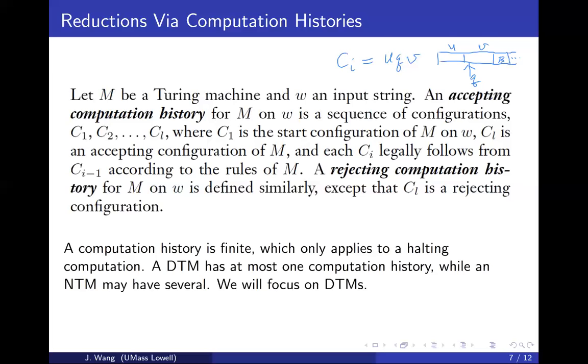Initially, C1 is the initial state and the input string W. And then CL is a halting configuration, which could be U q_accept V if it is an accepting computation, or U q_reject V if it's a rejecting computation.